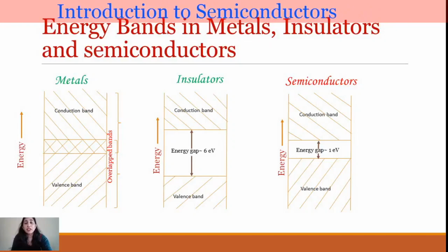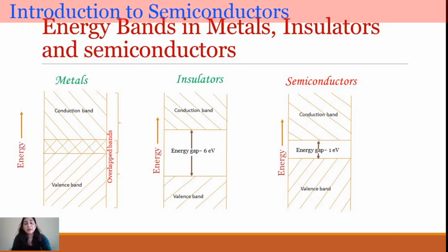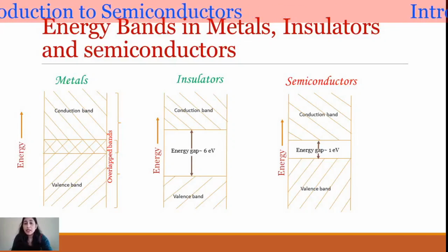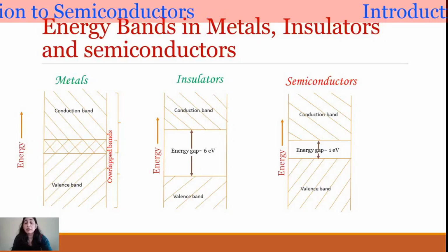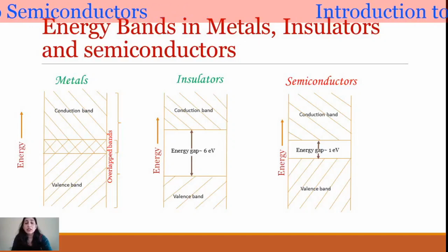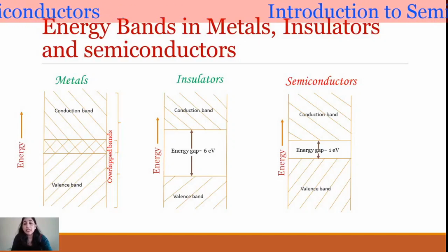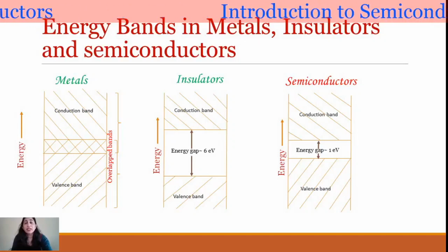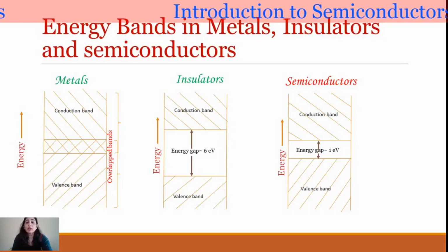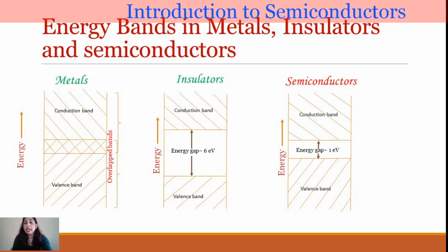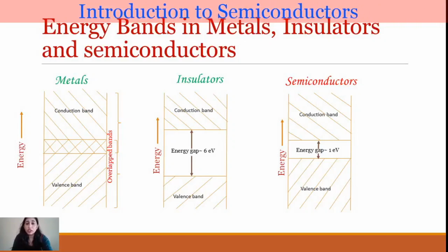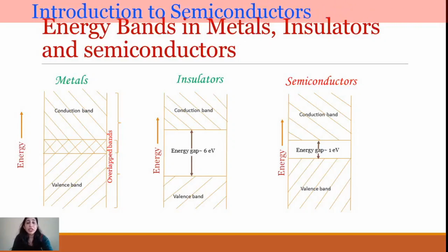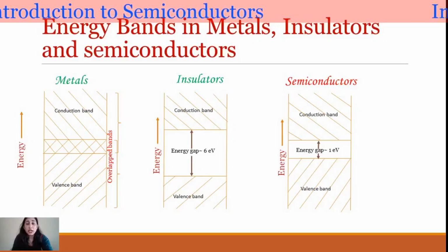Now third comes our area of interest, that is semiconductors. In semiconductors, there is a gap between valence band and conduction band, but this gap is considerably smaller than in insulators. सेमीकंडक्टर्स में भी वैलेंस बैंड और कंडक्शन बैंड में गैप होता है, पर ये गैप नियरली 1 इलेक्ट्रॉन वोल्ट का होता है, जो कि इलेक्ट्रॉन्स के लिए कंडक्शन बैंड में पहुंचना बहुत आसान बनाता है.